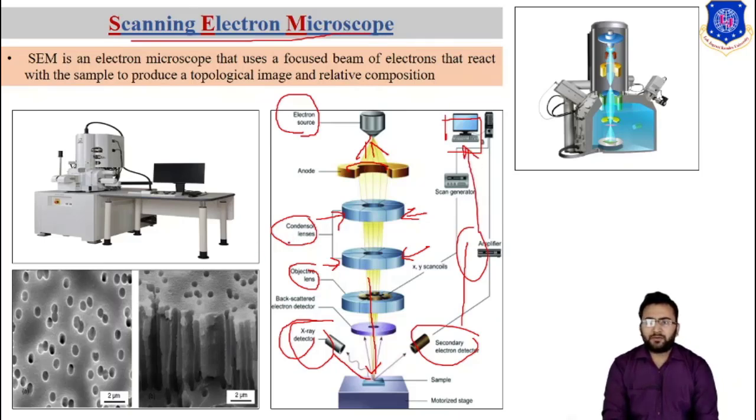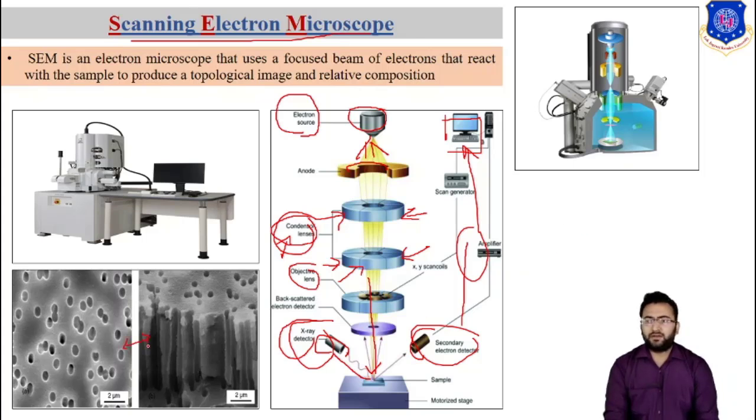The main purpose of the condenser lenses is to magnify the image. So basically, an electron source provides electrons which pass through the anode and condenser lens system, then through the objective lens, then to the surface of the sample and are rejected. We get scattered electrons which generate the image and unscattered electrons which generate the black image.